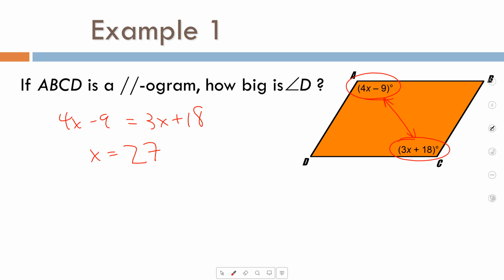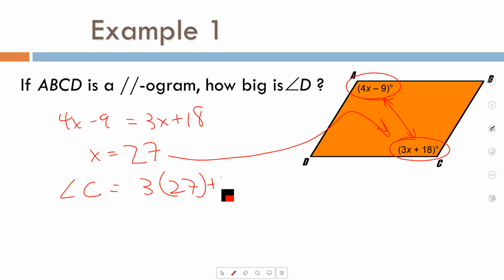Since angles A and C are supplementary to angles D and B, you subtract. You plug in x to one of them and then subtract. Angle C then becomes 3 times 27 plus 18, which equals 99.